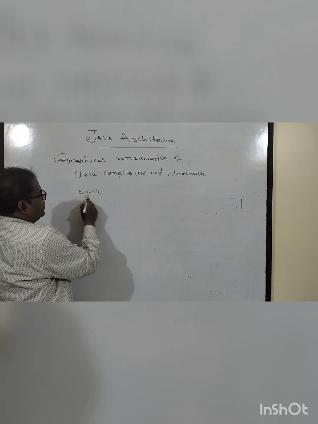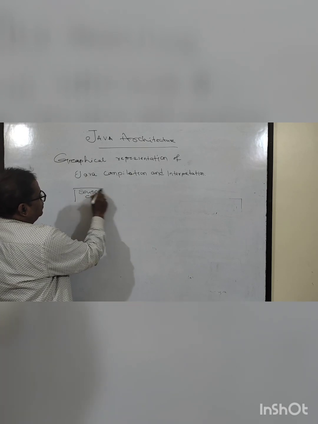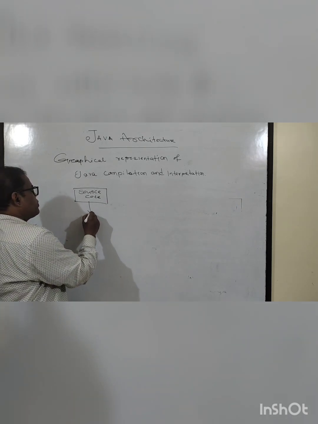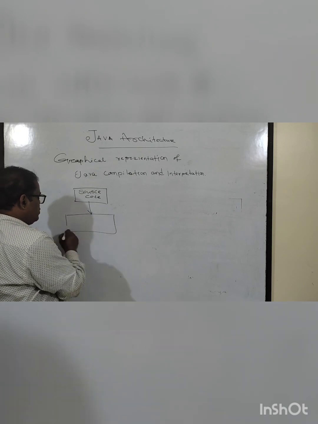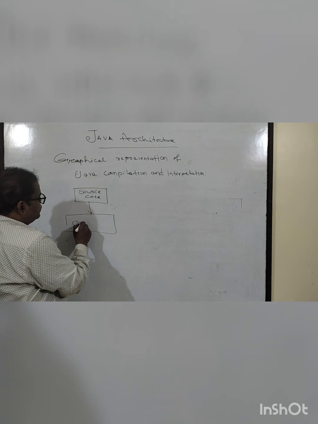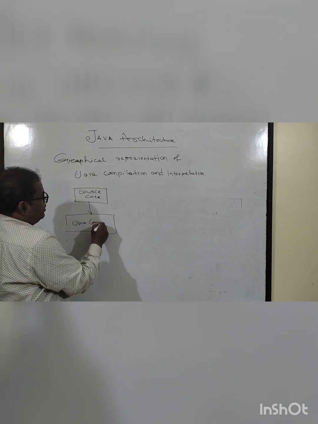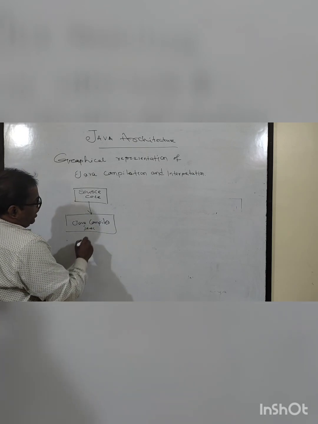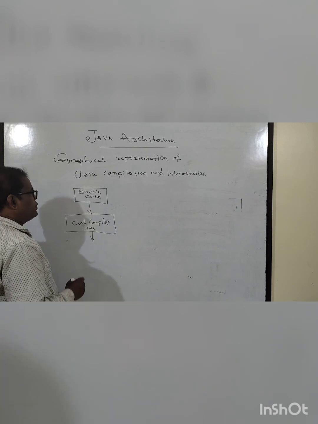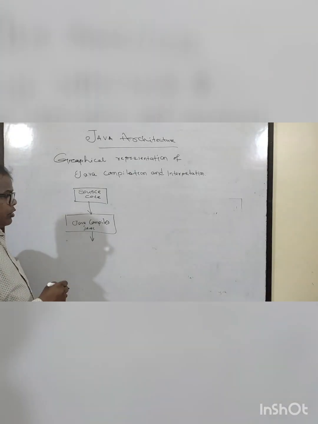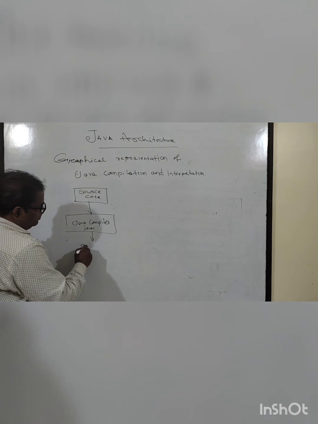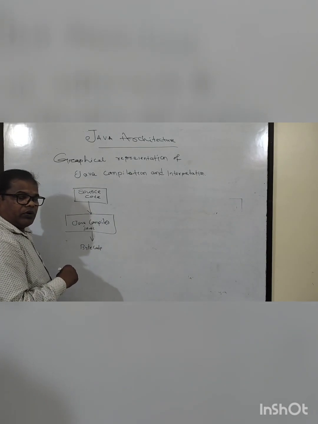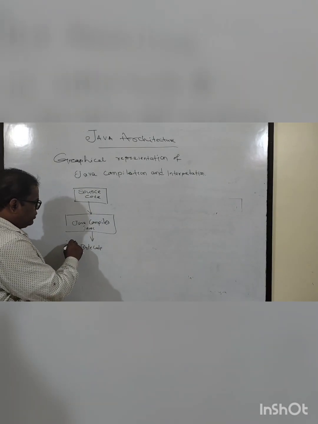After that, this Java source code goes to the Java compiler, which you call javac, and it converts it into the Java bytecode, an intermediate code of the language.